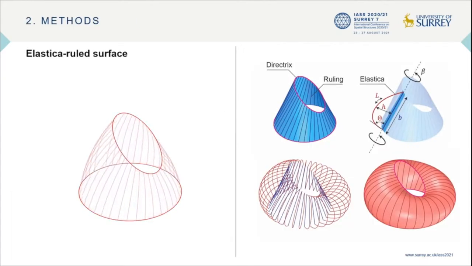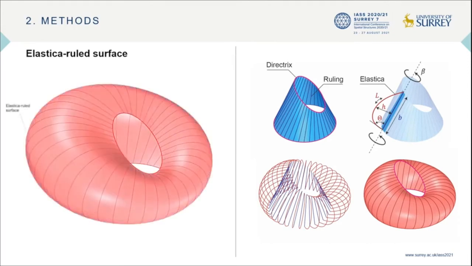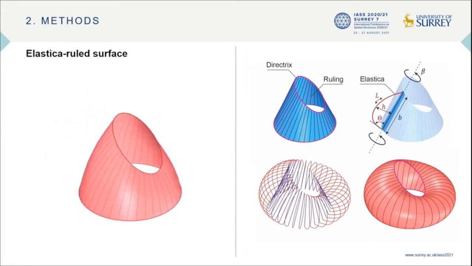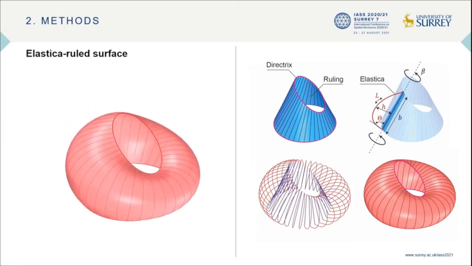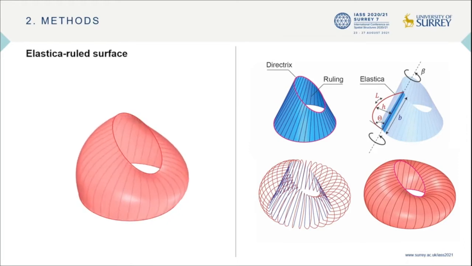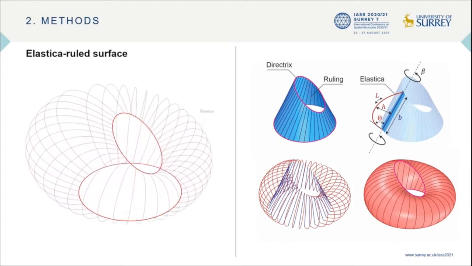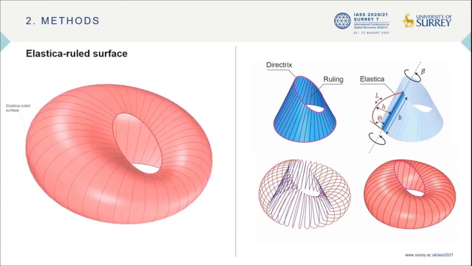A new type of ruled surface composed of elastica-curved rulings is proposed, and we call that the elastica-ruled surface. First, we need a line ruled surface, and a straight line defines the support distance B of an elastica curve. Specifying one additional design parameter, L, H, or theta, gives a unique elastica curve.